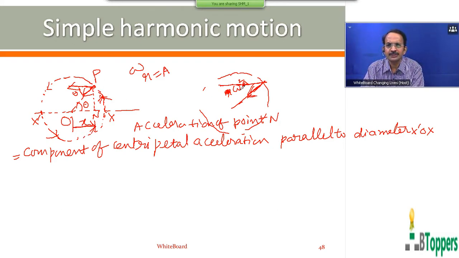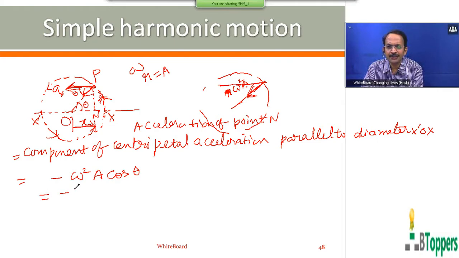This centripetal acceleration makes an angle theta with the line parallel to the diameter x dash x. So the magnitude of the component of centripetal acceleration is omega square A cos theta. But this component is directed towards the left side, opposite to the displacement x from the center of oscillation. Therefore, you put a negative sign.